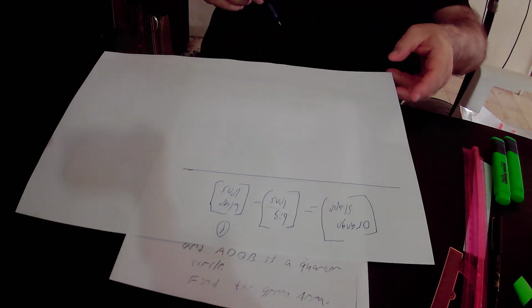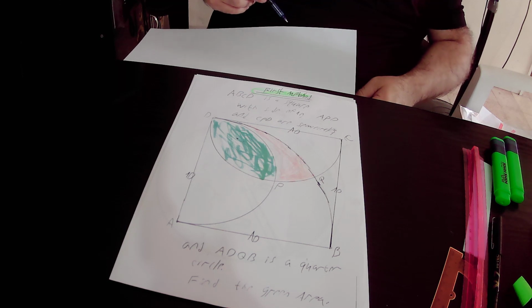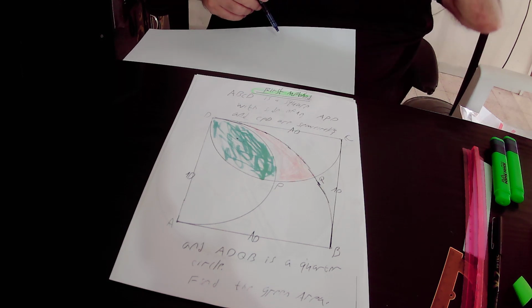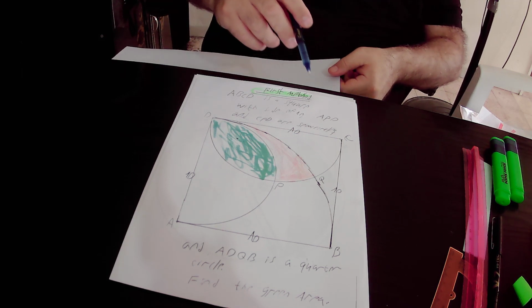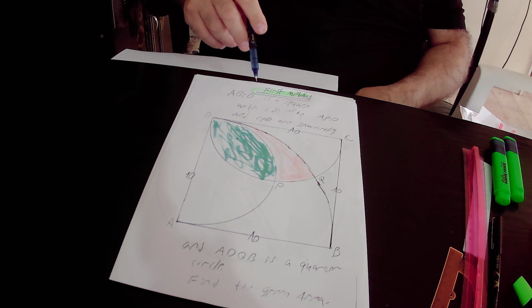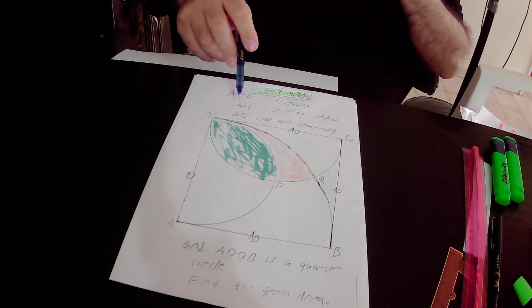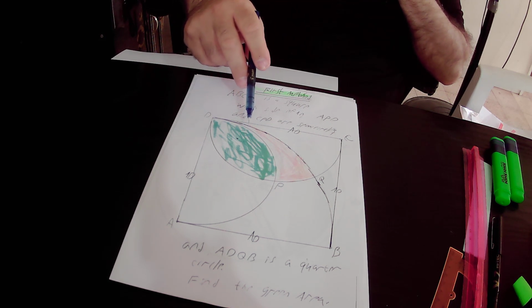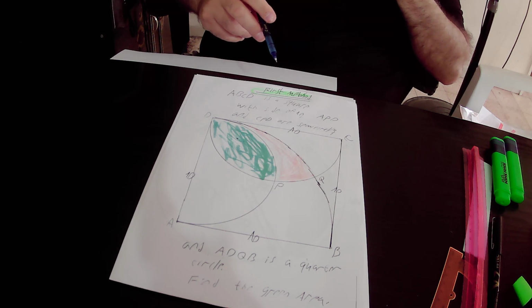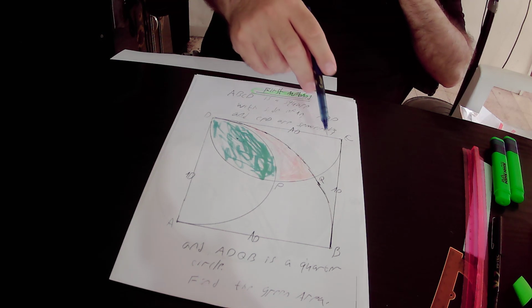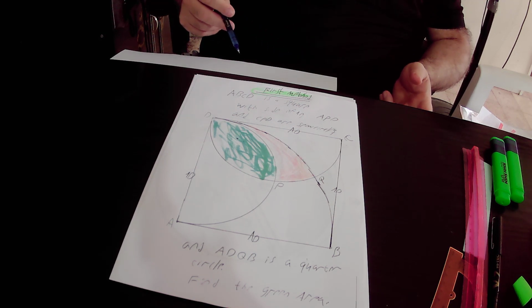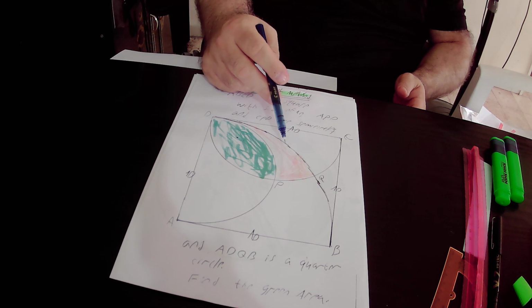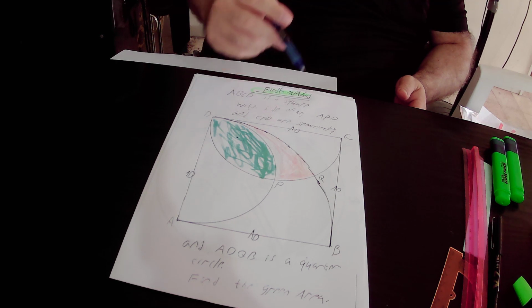So in the first method we will find a general formula for the area of any lens, and then we'll use the general formula to find the area of the blue lens, and then we'll use the same formula to find the area of the big lens. We'll subtract the two areas from each other, and this will give us the area of the orange shape.